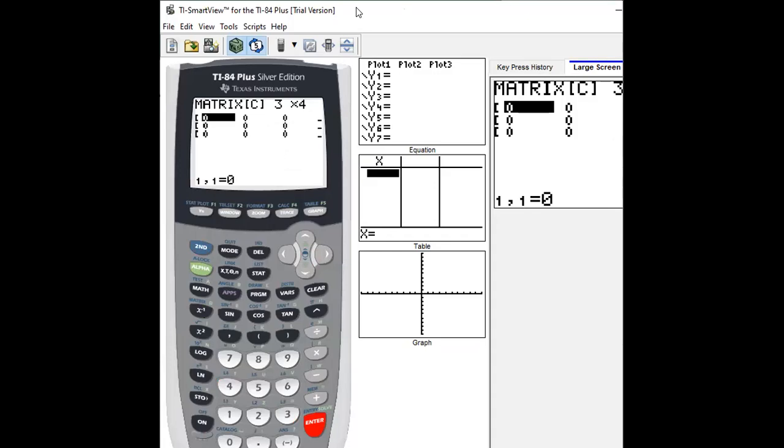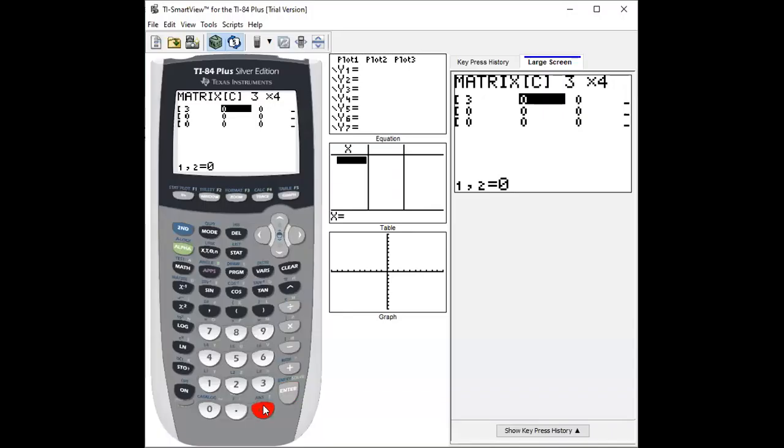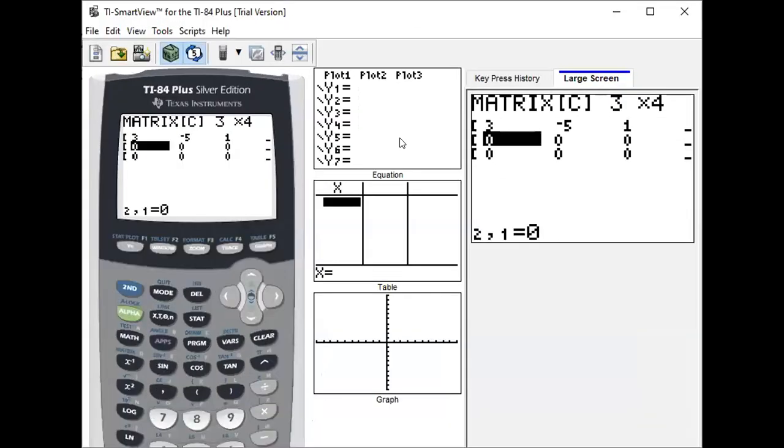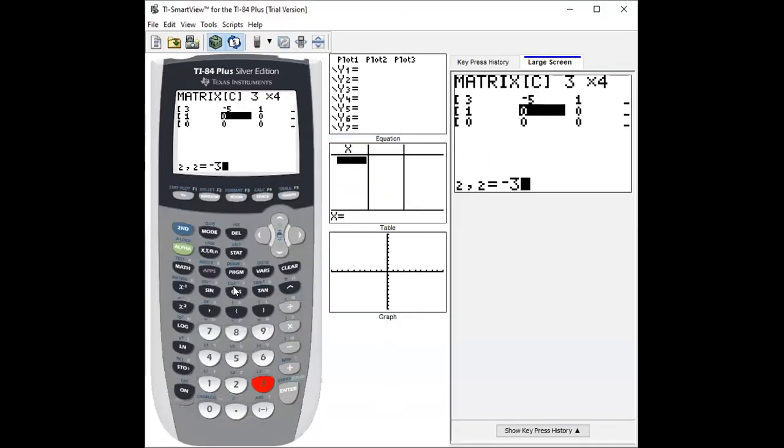And my numbers are going to be 3, negative 5, 1, 3, negative 5, 1, 4. And then we have 1, negative 3, 4, with an answer of 2.